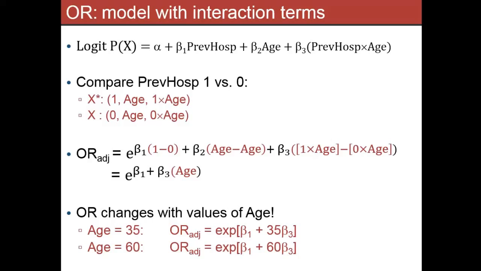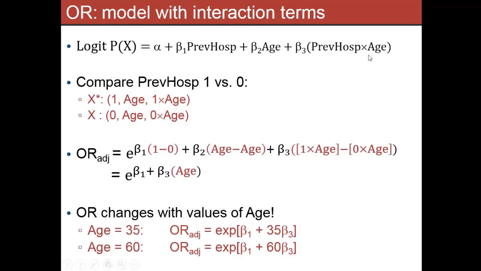So what is this about? Here we have a different model where we have previous hospitalization and age as terms by themselves. And then we have this other thing, previous hospitalization times age. And so what we're allowing here is the risk to change based on the product of these two. It's not like, oh, you're this age and you're hospitalized, this is always your risk, as the sum of these two pieces.